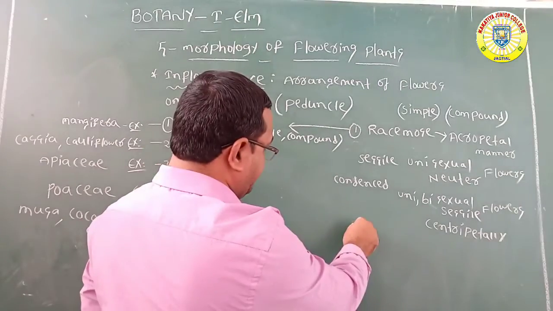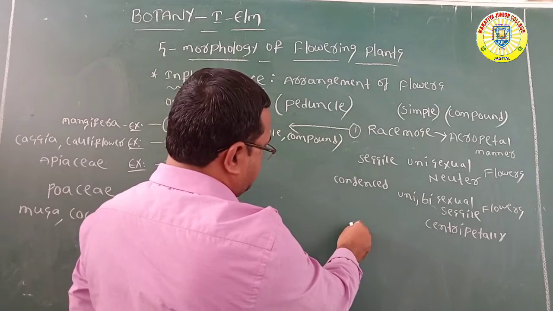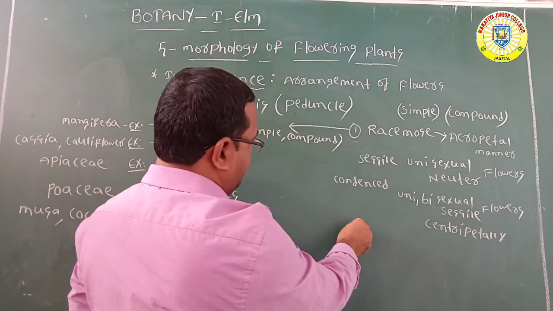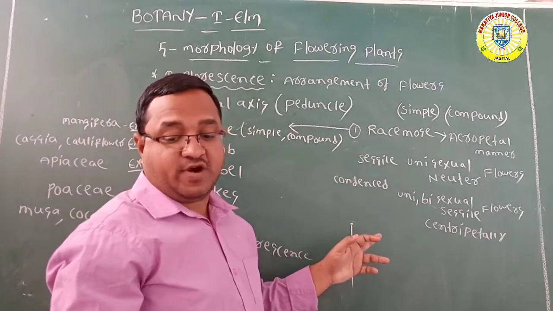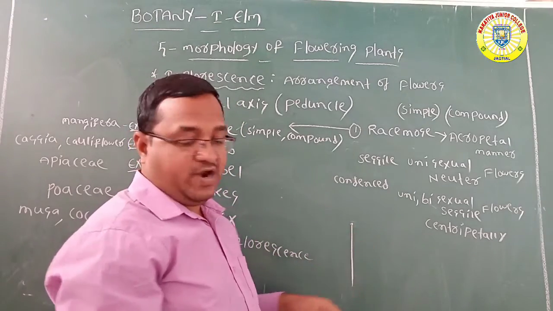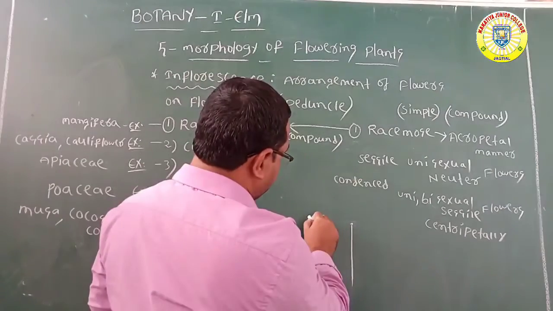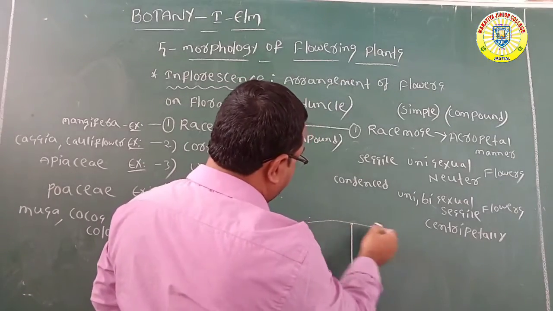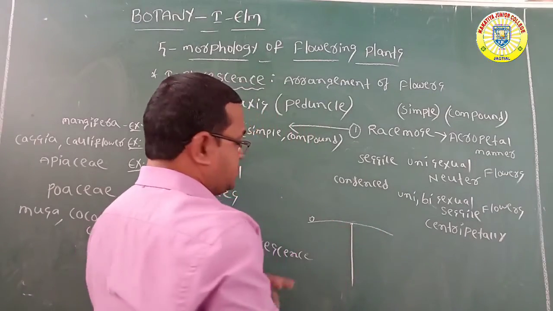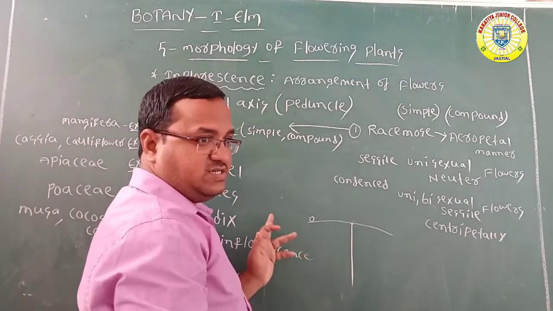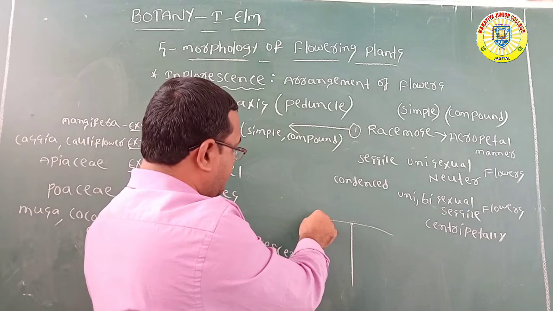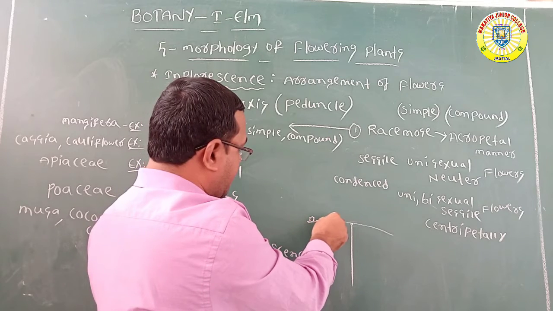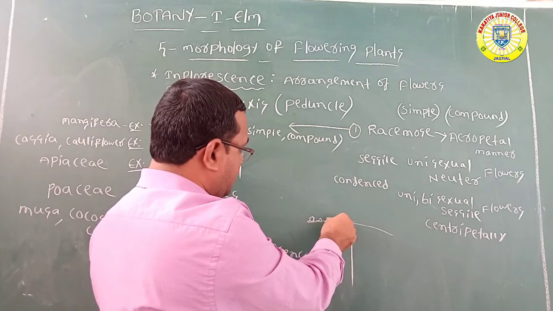For example, here you can see this is the condensed floral axis. On the floral axis, first you can see the flowers are arranged at the corner, from the corner to central.